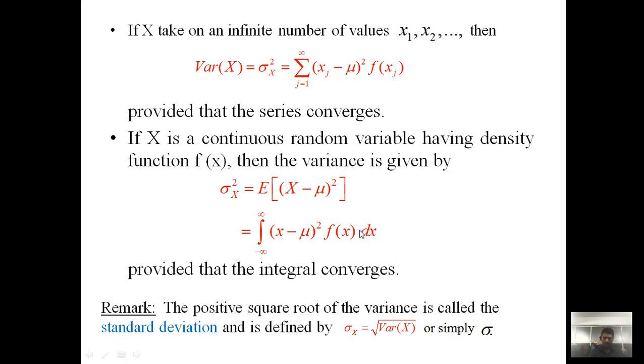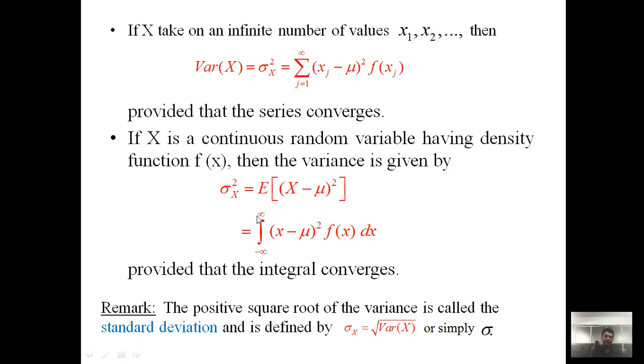Now this is just the definition of expectation. When capital X is a continuous random variable, the definition of expectation E of x is the integral from negative infinity to infinity of x into f of x dx, but in place of x it takes the value of this bracket as it is.